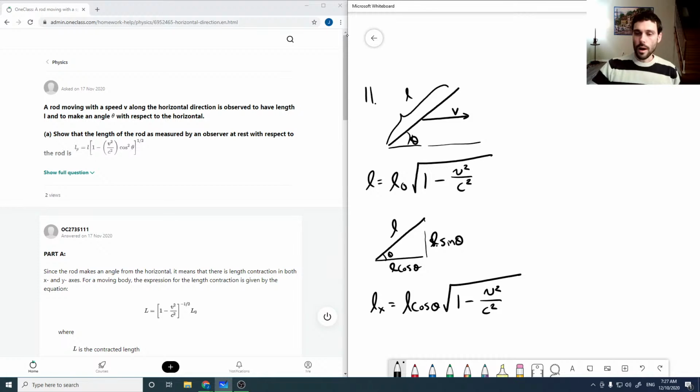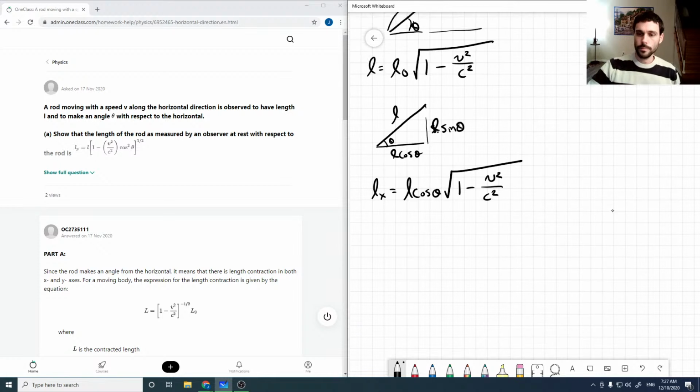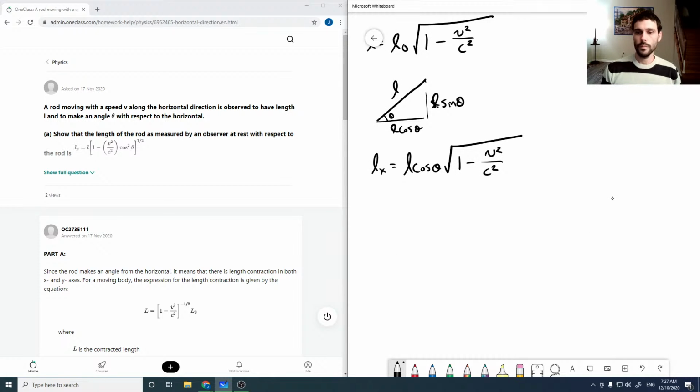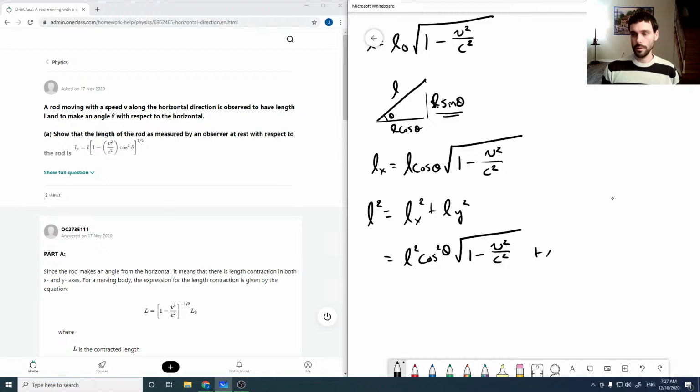And so our total rod's length is going to be L squared is Lx squared plus Ly squared. And our y isn't going to be compressed. So this is going to be L squared cos squared theta, times 1 minus v squared over c squared, plus L squared sine squared theta. And that square root will no longer be there because it should be squared.